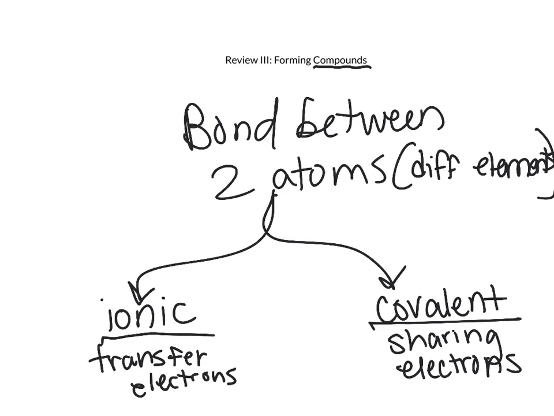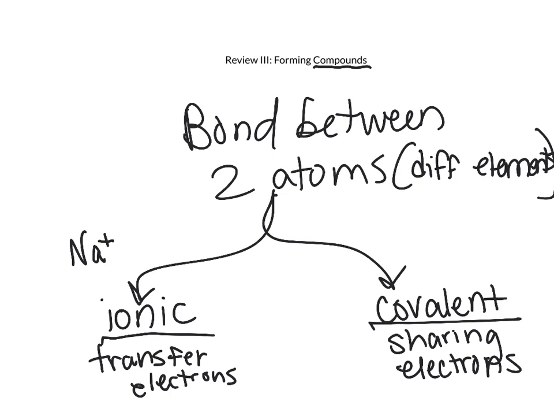A lot of you guys on the quiz just talked about what types of elements form these. That's fine, I gave you credit on the quiz, but for the future, for your test, you will need to be able to talk about what is happening with electrons. So in an ionic bond, let's say sodium ends up losing its valence electron.